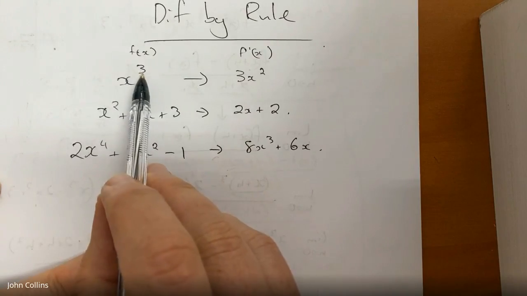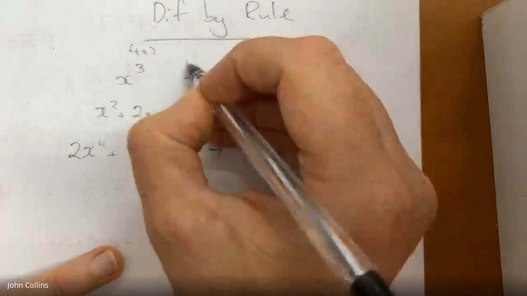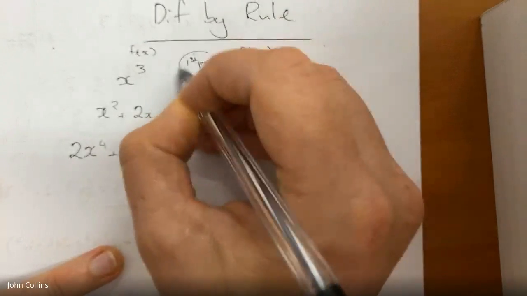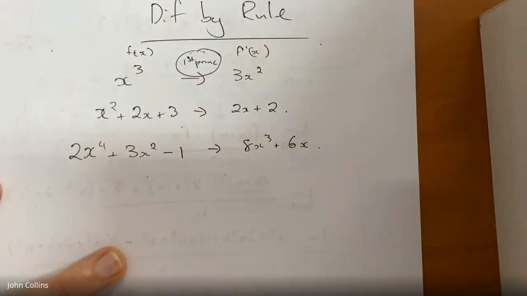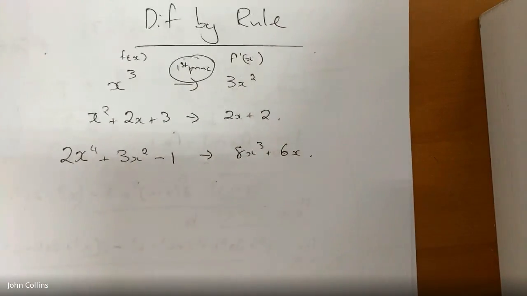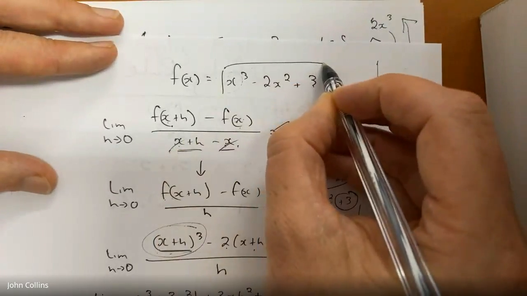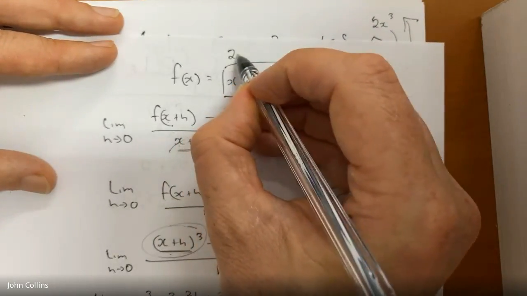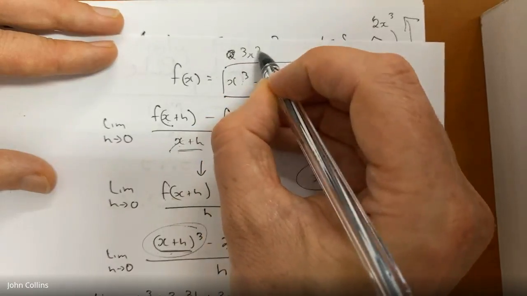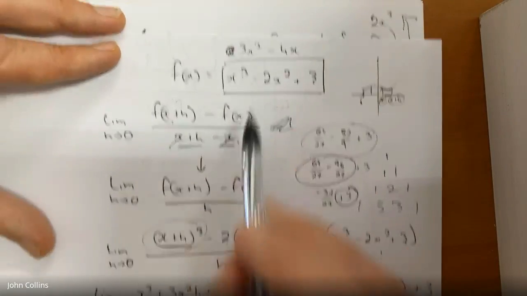So what happens is, from first principles happens here. First principles happens in this arrow. But of course, first principles was long, but we will notice that the derivative of this is 3x squared minus 4x. That was its derivative. We found it down here.